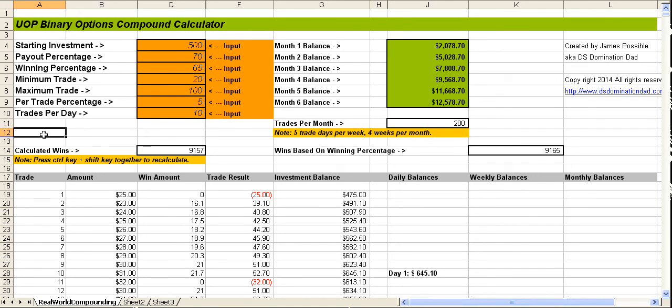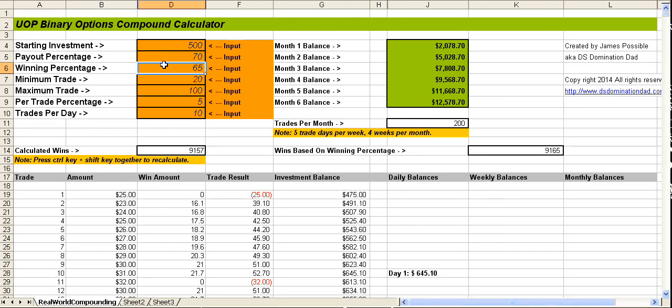So stay focused, because really this is about habits, your trading habits, and building up a winning habit. And 65% should be your target. Anything above that, and you should be golden. I mean, absolutely golden.